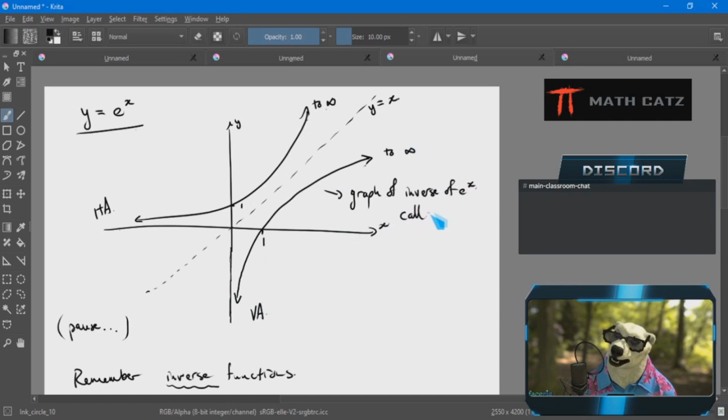We're going to call this the natural logarithmic function, because it's coming from the natural exponential function. And it's going to be y equals ln of x, for natural logarithmic function.